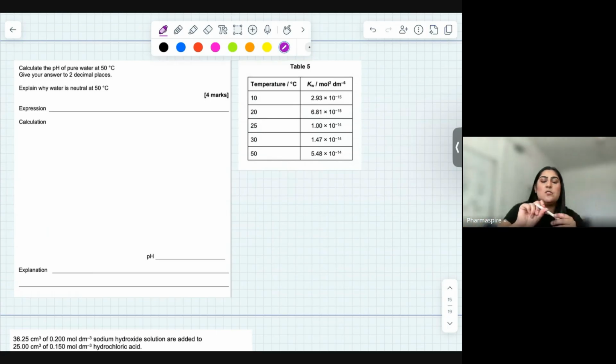When it's ethanoic acid and sodium ethanoate, that's the most common buffer. They could give you anything, but the whole idea is that you have some form of acid with a salt. That's what you need to remember. And that acid will always be HA and that salt will always be A minus.